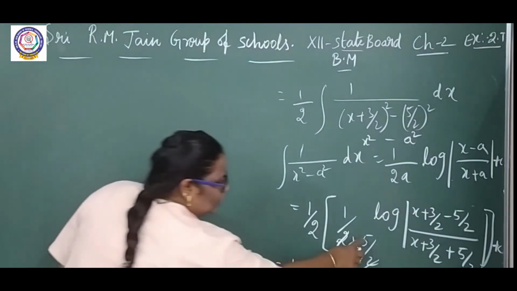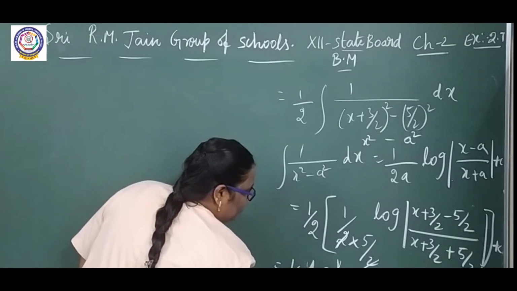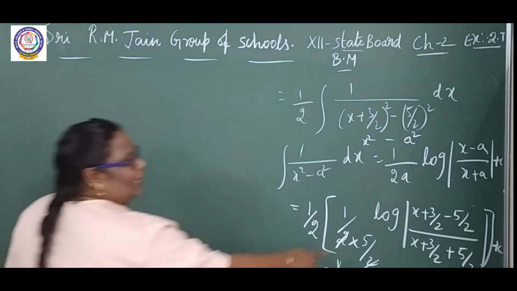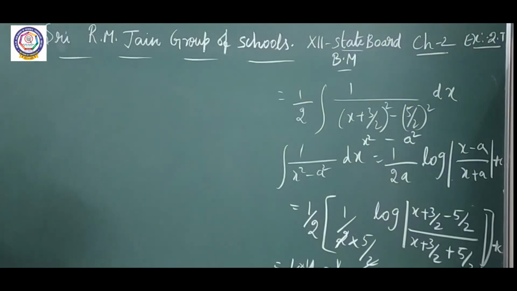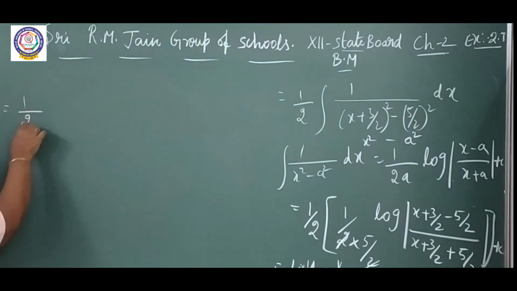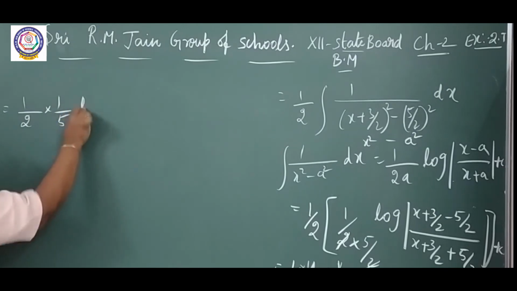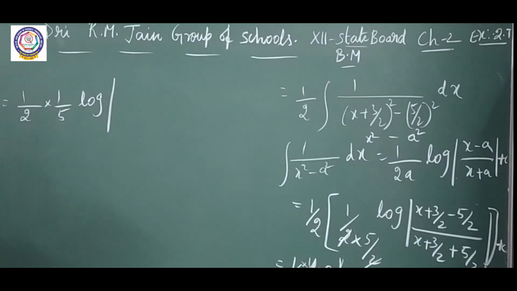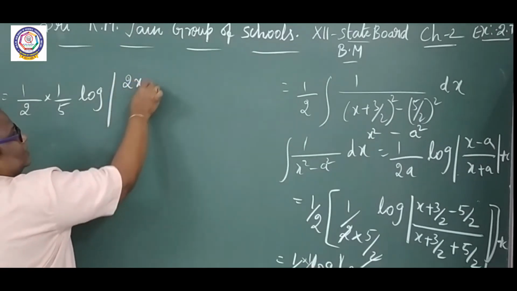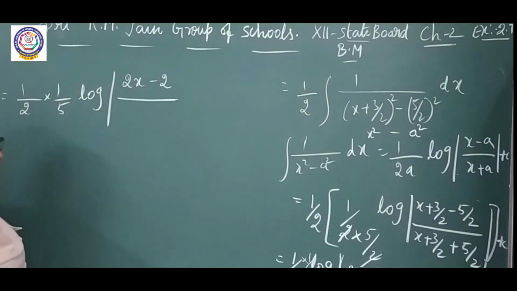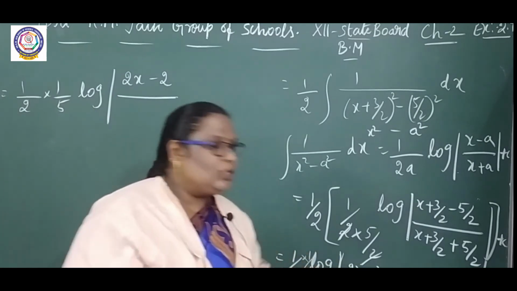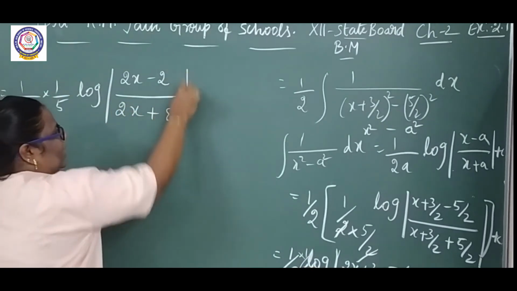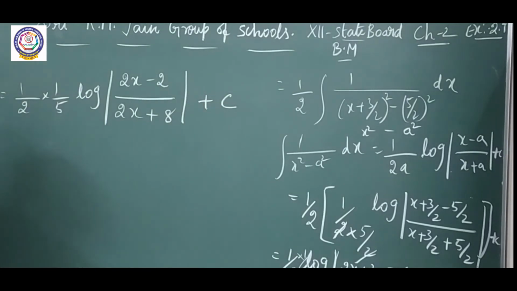See, 1 by 2 into 1 by 5. So, you will write it here, 1 by 2 into 1 by 5 log of modulus of 2x minus 2 by 2x plus 8 plus c.